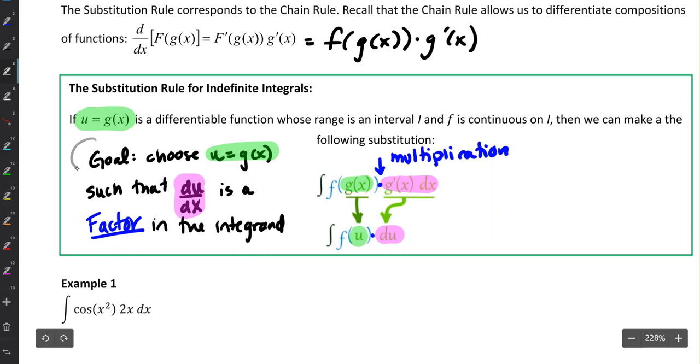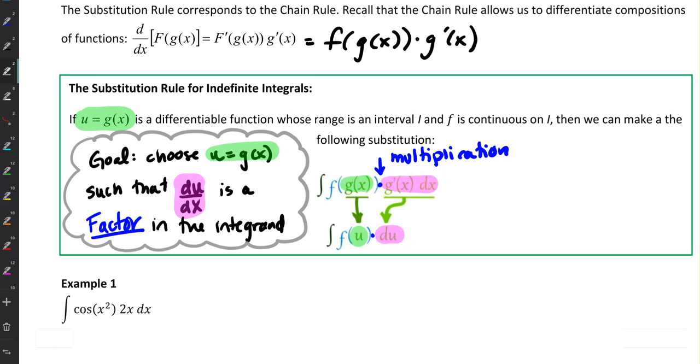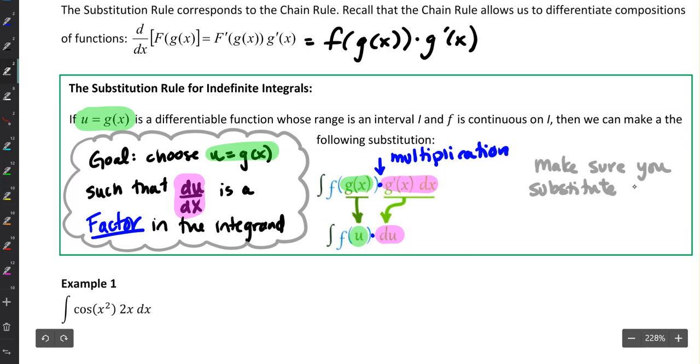Just made it a little bit smaller. And just like any sort of substitution, you always do substitutions to make your life a little bit easier, especially visually. Substitutions only work if you substitute completely, right? So make sure you substitute completely.